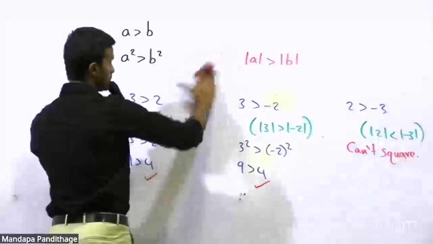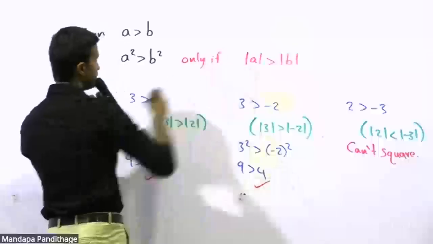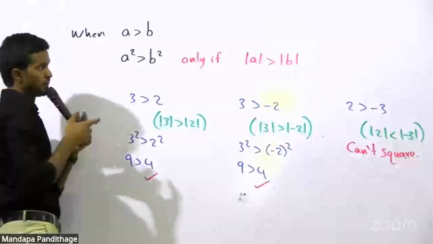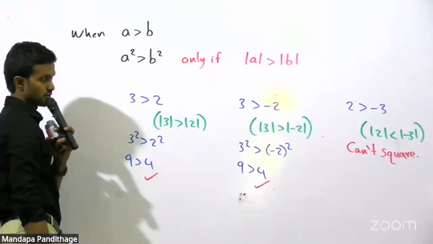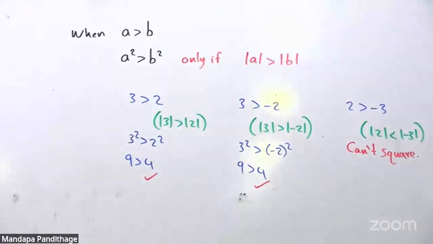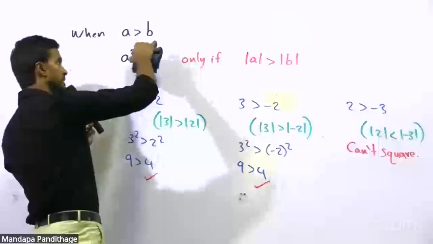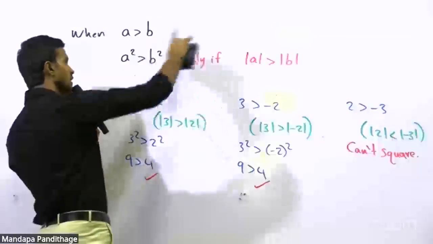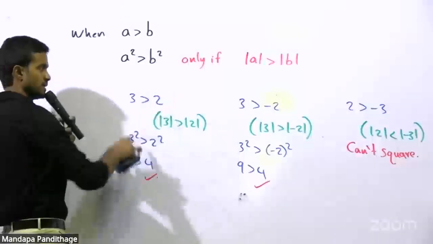Write this in a red pen: only if modulus A is greater than modulus B. So you can square them and the same inequality will remain only if the moduli satisfy the same inequality. And then you can write these three examples.